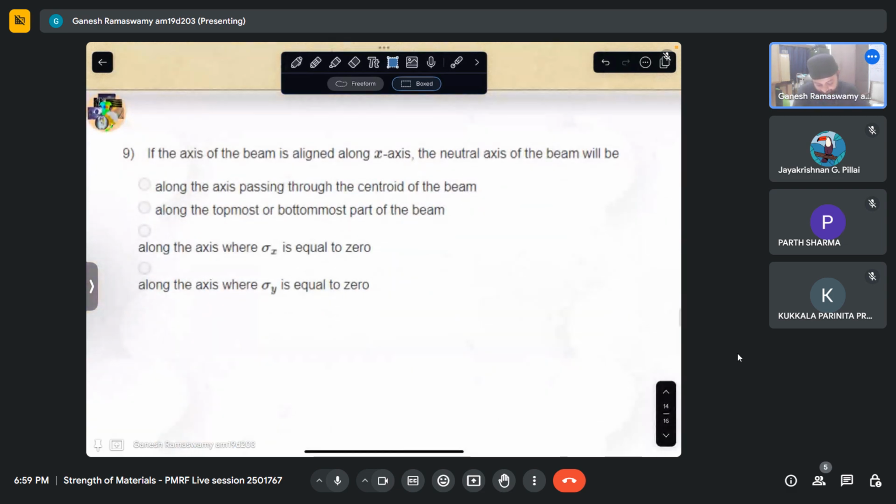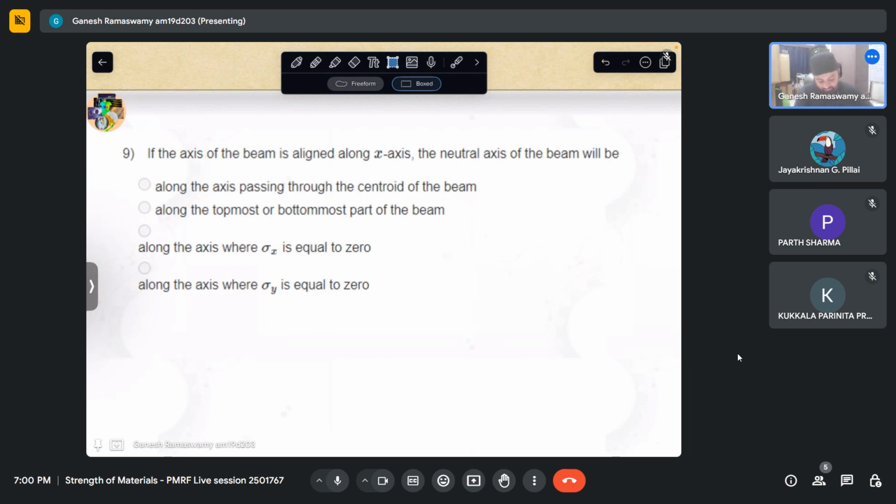If the axis of the beam is aligned along x, the neutral axis of the beam will be along the axis passing through the centroid of the beam, along the outermost or bottommost part of the beam, along the axis where sigma x is equal to 0, along the axis where sigma y is equal to 0.